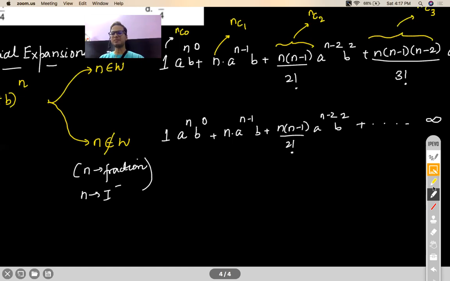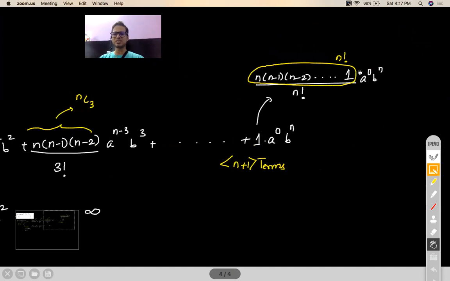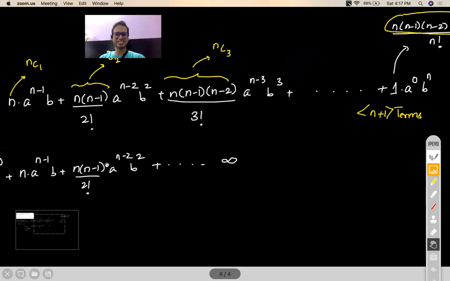Now, why infinitely many terms? For the simple reason that the zero that got created over here will never get created over here, because n is a negative integer or n is a fraction, and you are constantly subtracting integers from it. So if from a fraction you subtract integers, will it ever become a zero?